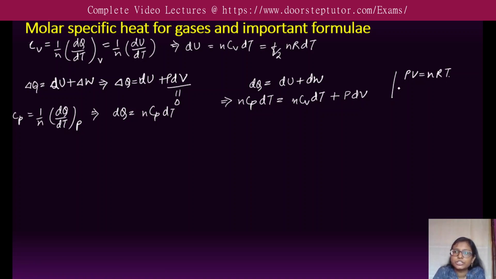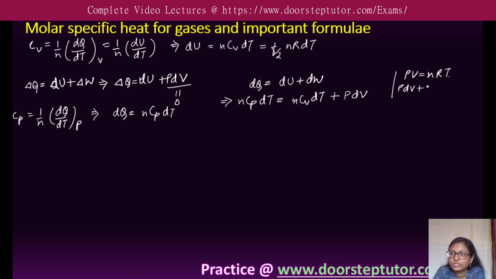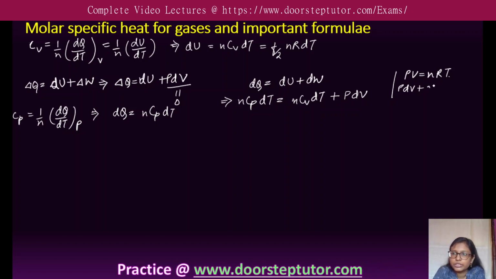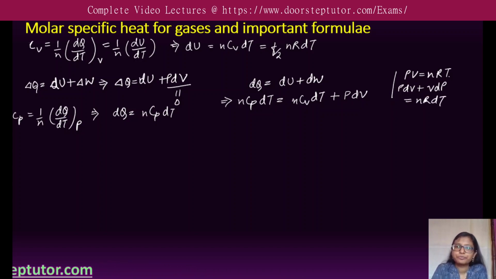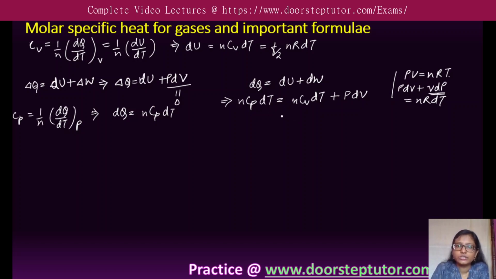So if we differentiate it, then the differential form of the ideal gas equation is PdV plus VdP equal to nRdT. Okay, so at constant pressure the VdP term will be 0, so we can write PdV is equal to nRdT.